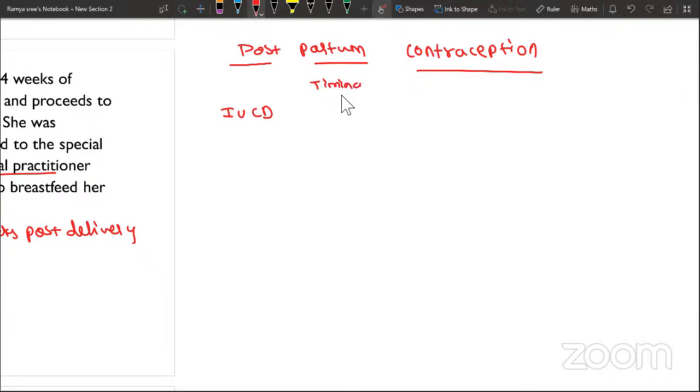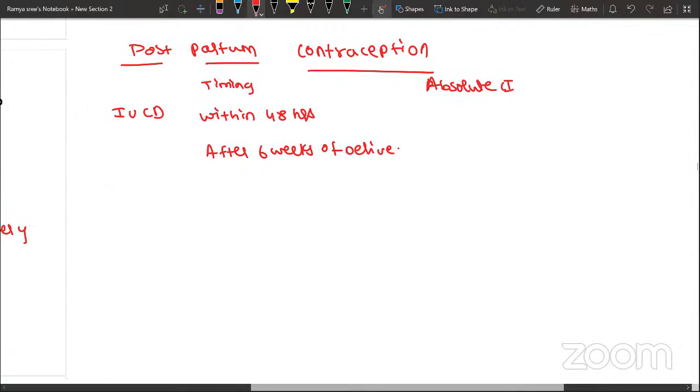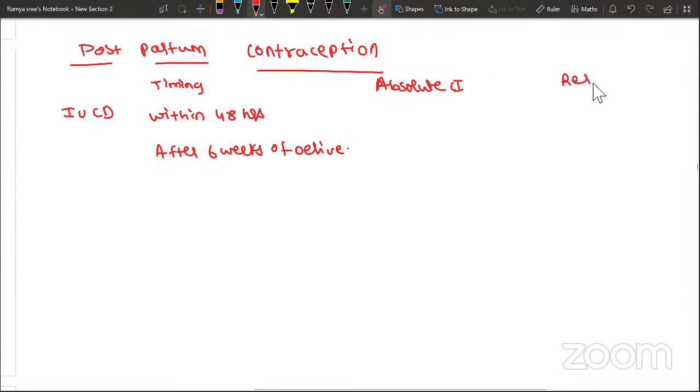The timing of insertion for IUCD is within 48 hours, or you can insert it after 6 weeks of delivery. Post delivery, 48 hours to 4 weeks.